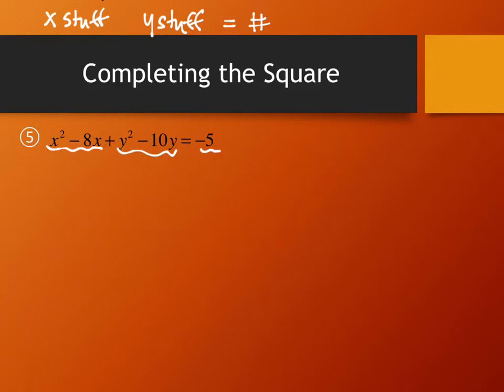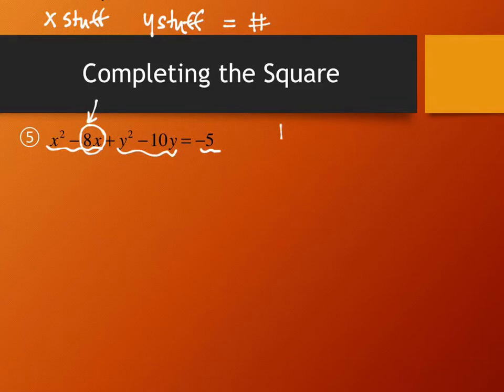All right, so we're going to take each piece at a time: the piece with the x's in it and the piece with the y's in it. For the piece with the x's, the linear term, linear being the term that just has x by itself, right here, we're going to take the value at the beginning, the 8.